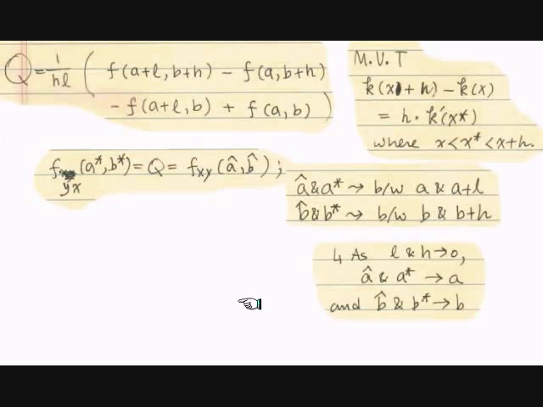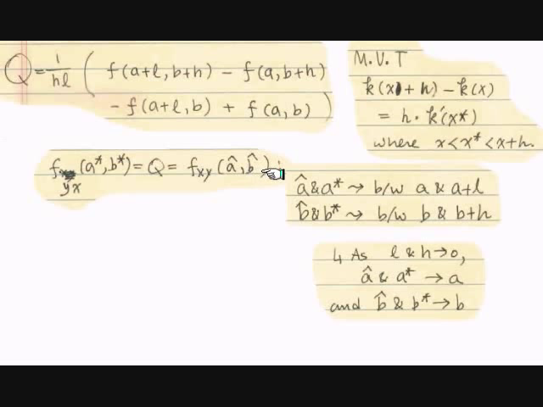So by continuity, this one should approach fyx at a, b, because a star and b star approach a, b. And that one. So from that, the first q equals that, and the left-hand side exists, which gives the existence of the limit of q, however l and h approach 0. Therefore that value is equal to the limit of this one as well.